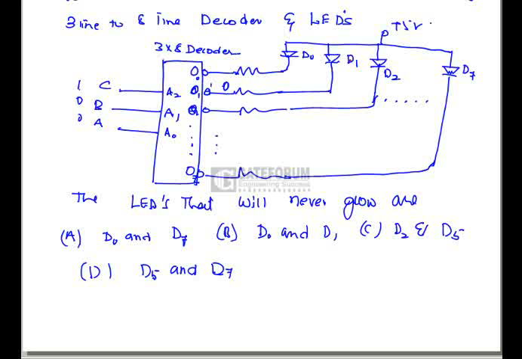Two lines are not going to be selected for any input combination, because ABC will not take the two unused states. If we do the analysis of what states it has, we will know that D2 and D5 will never glow. Option C is correct.